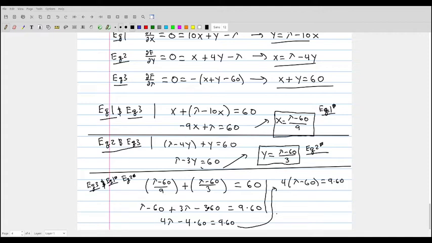Which is the same thing as lambda minus 60 is equal to 9 times 60 over 4, which is 9 times 15, or 135. So lambda is equal to 60 plus 135, or 195.